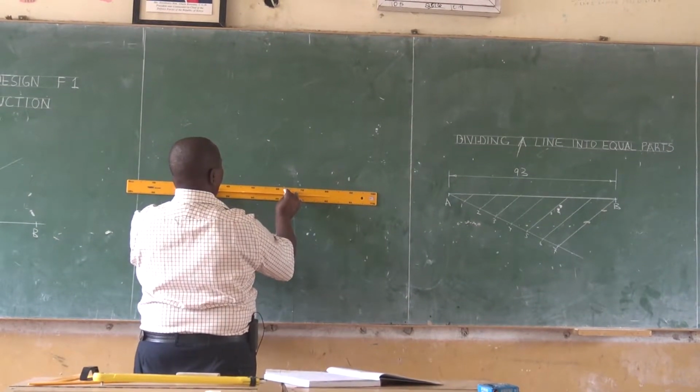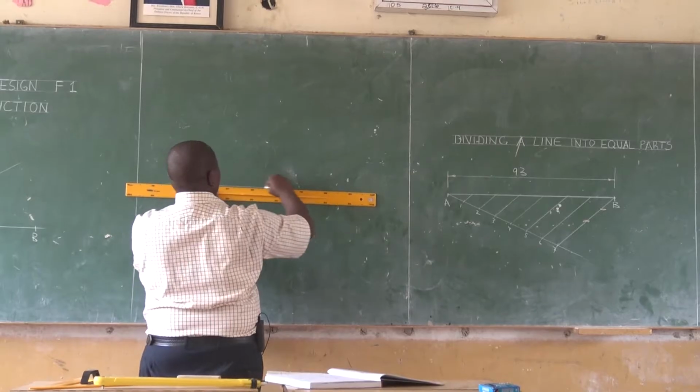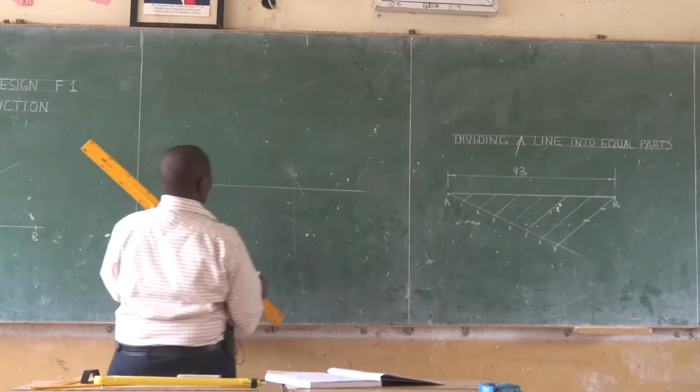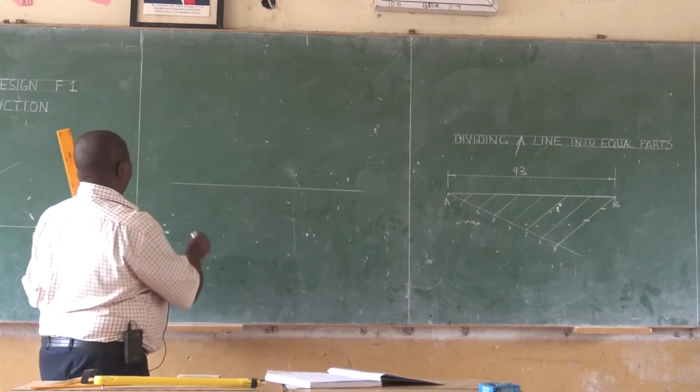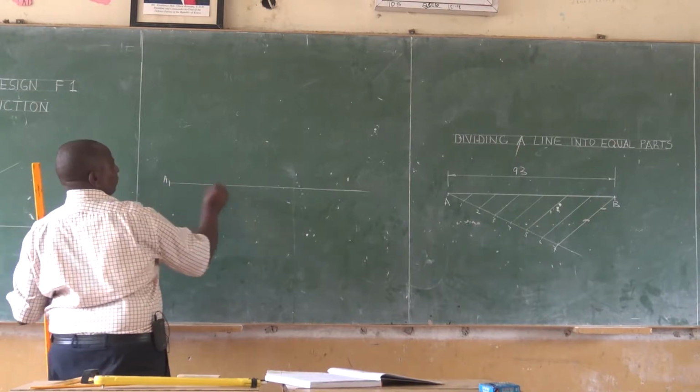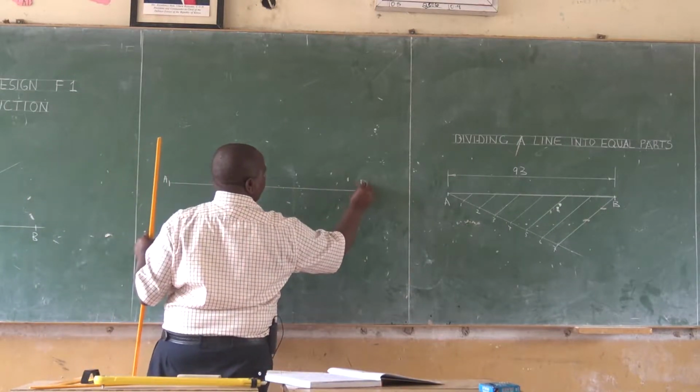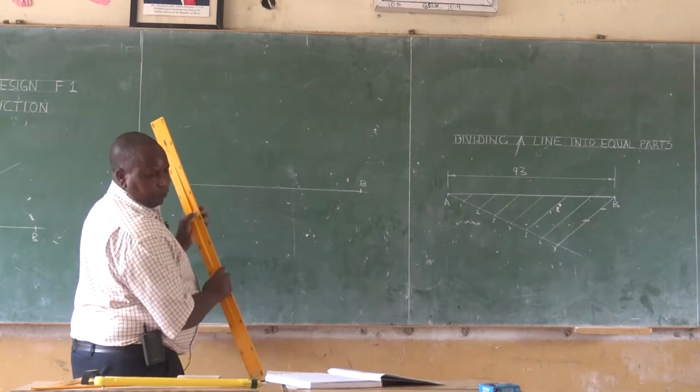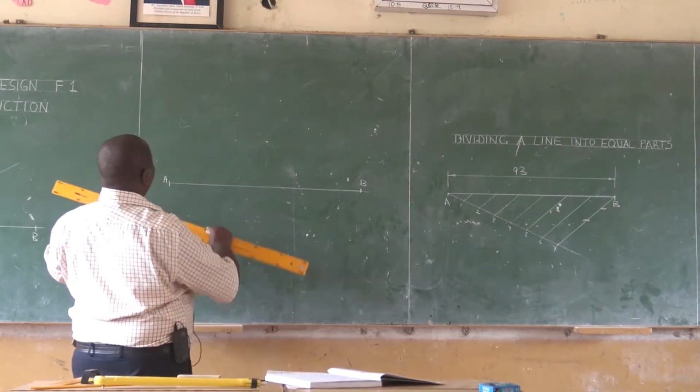now if we are given the same line and our assignment here, line AB, is we divide it into a given ratio of parts.